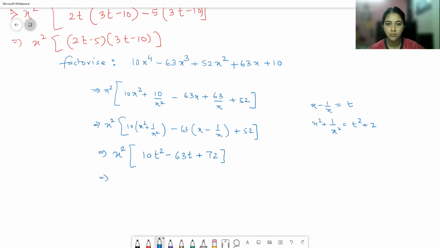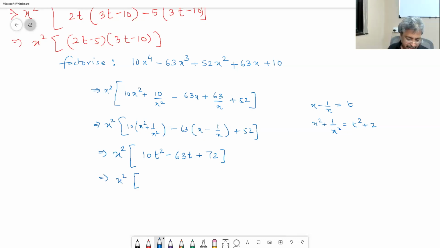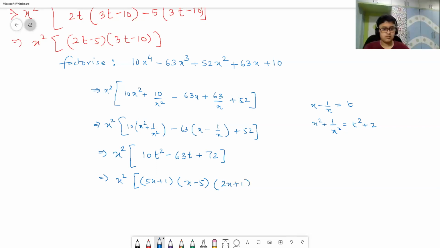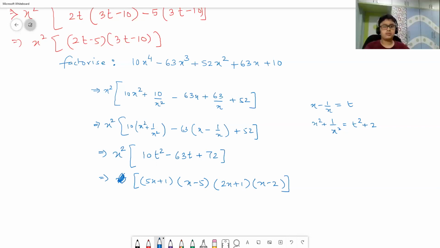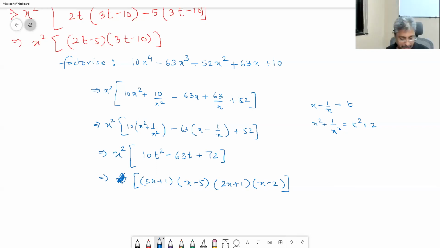This can be factorized. It will get factorized into 4 factors straight away, 2 quadratic and then further 2. So let me write down the answer. 5x plus 1, x minus 5, 2x plus 1, x minus 2, and this x square will disappear. This is the factorization of the given expression.